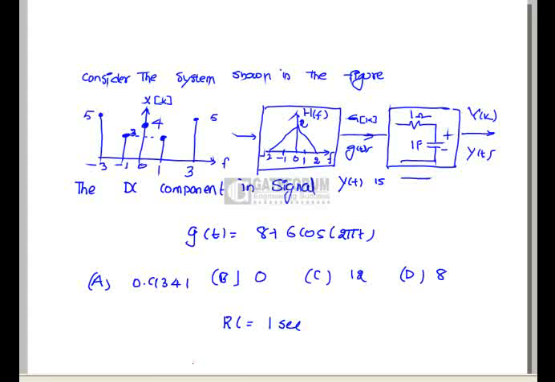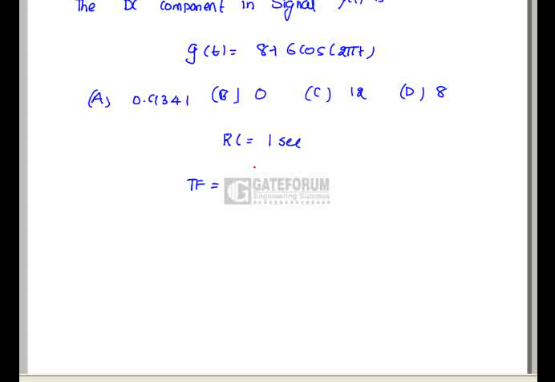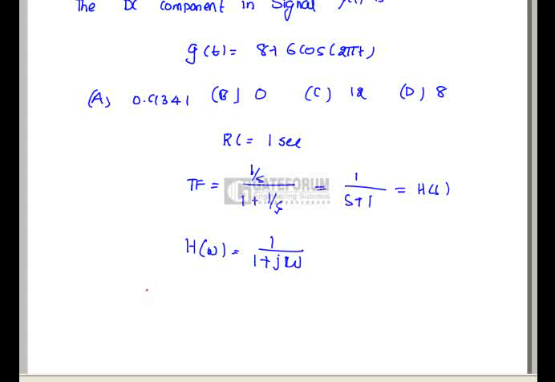The transfer function of the low pass filter is (1 by s) divided by (1 plus 1 by s), that is 1 by (s plus 1), that equals h of s. H of omega equals to 1 by (1 plus j omega).